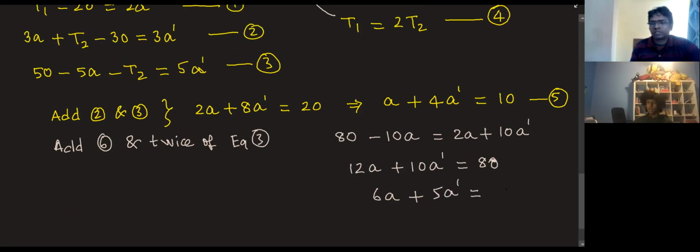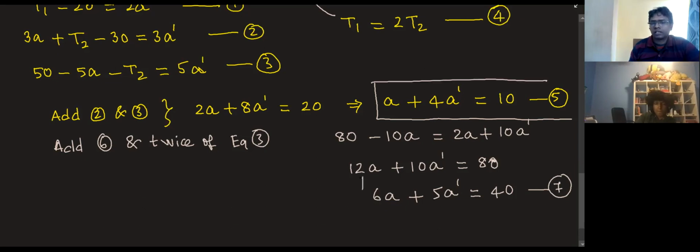Let's call this the seventh equation. Now we have two linear equations in the variables a and a prime. If I solve these two equations, I'll get the accelerations.